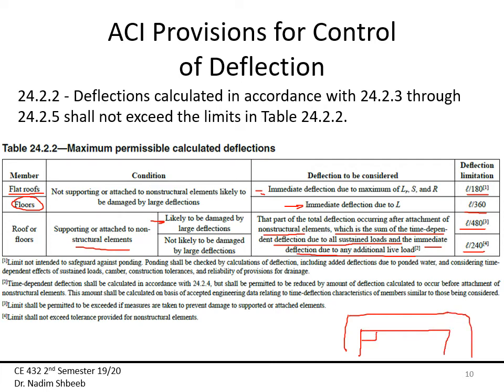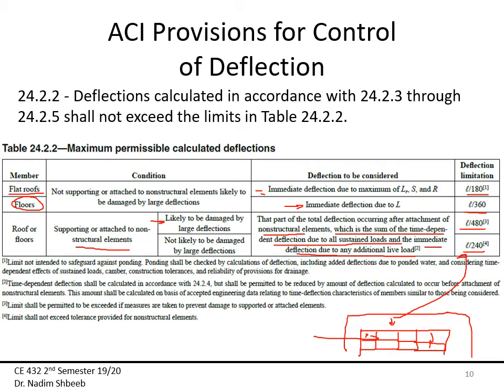which is this, and I'm talking about those partitions or blocks that we call them, okay? So some of these blocks actually might be strong enough to withstand the deflection. If they are, then for that beam right here, the maximum deflection allowed is L over 240.